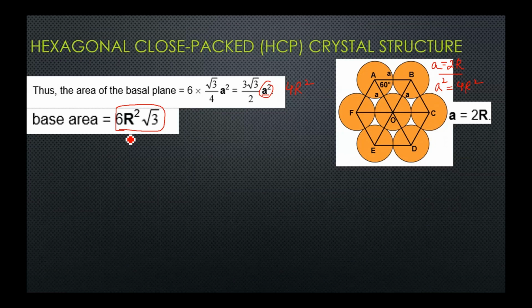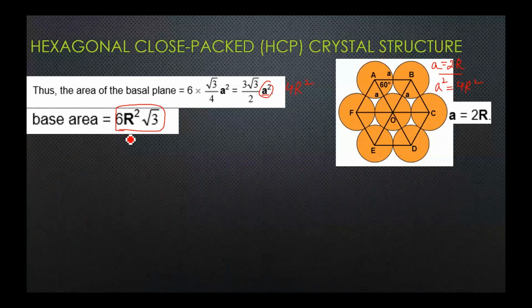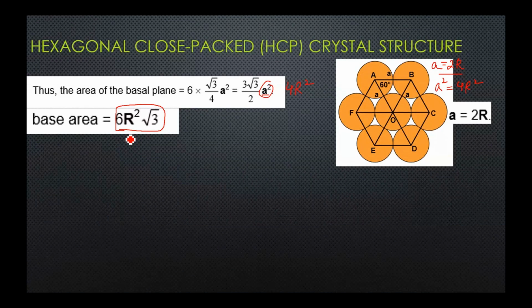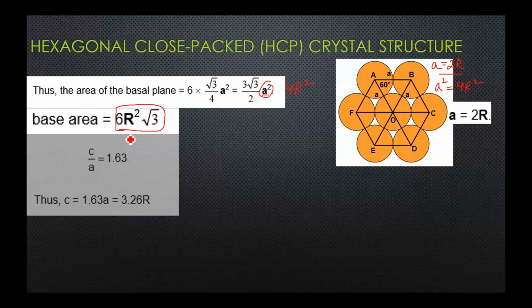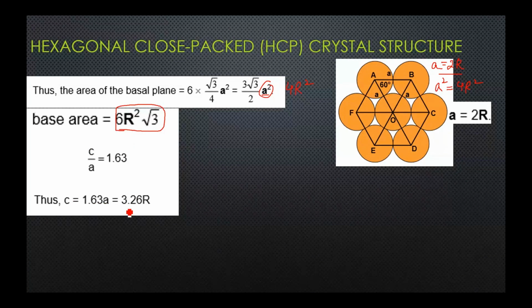Clear? Now you know that c over a, as I had defined earlier, is 1.63. The ratio is 1.63. So c is essentially equal to 1.63 times a or 3.26 times r, since a is equivalent to 2r.